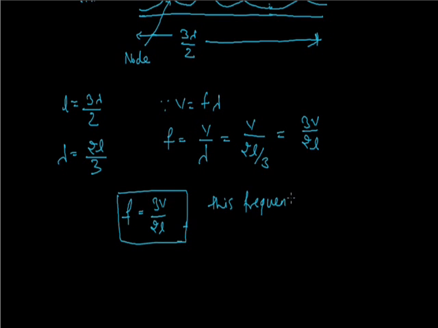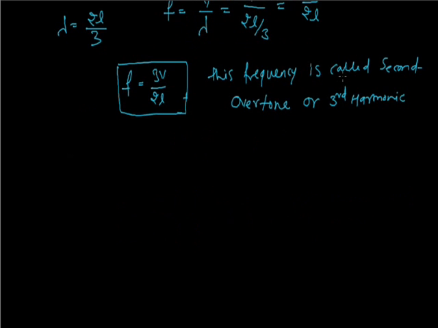This frequency is called the second overtone or third harmonic. Again, if we want to generalize the case of the open organ pipe, the frequency F1 is V by 2L, F2 is 2V by 2L, and F3, the third harmonic, is 3V by 2L.